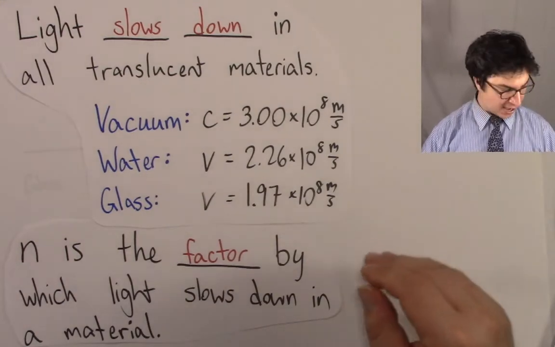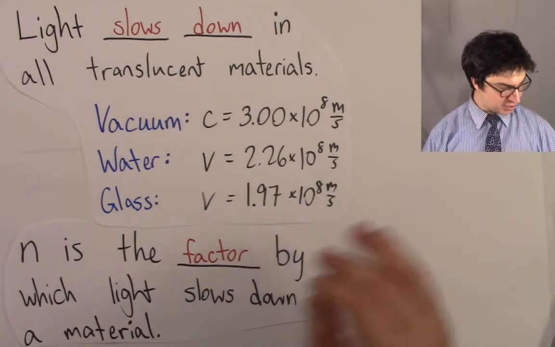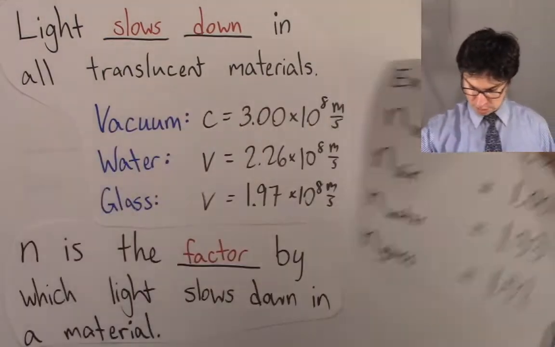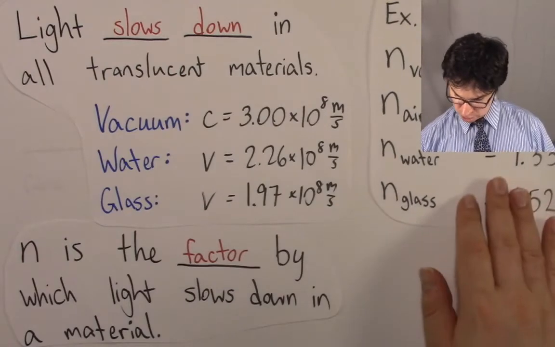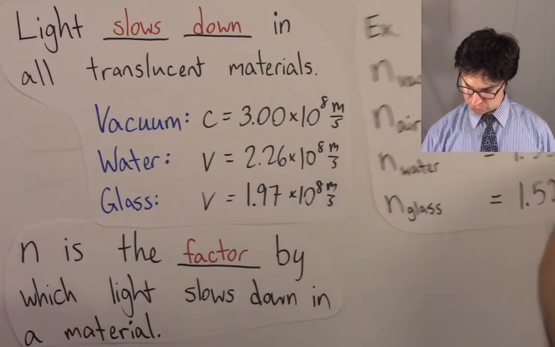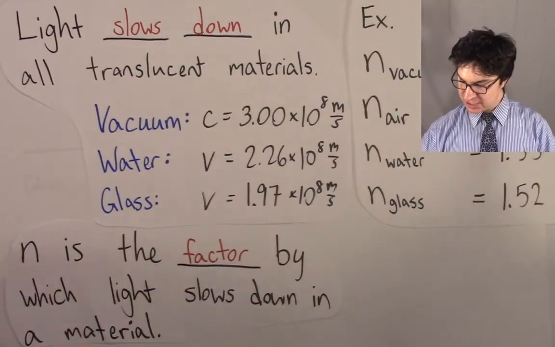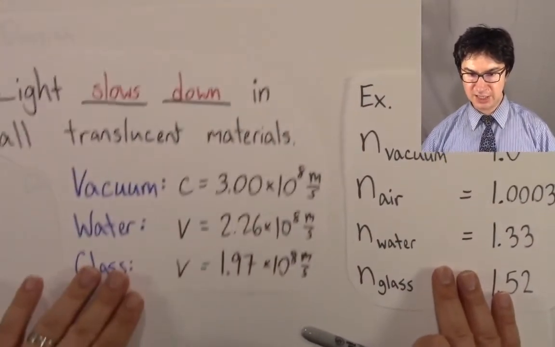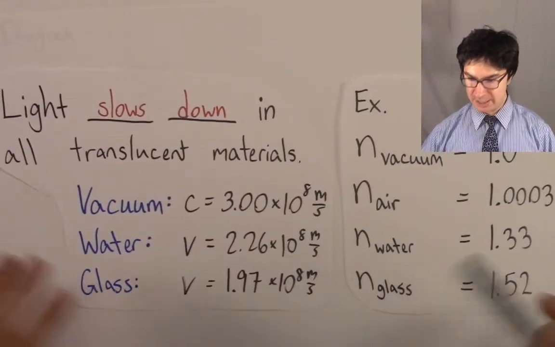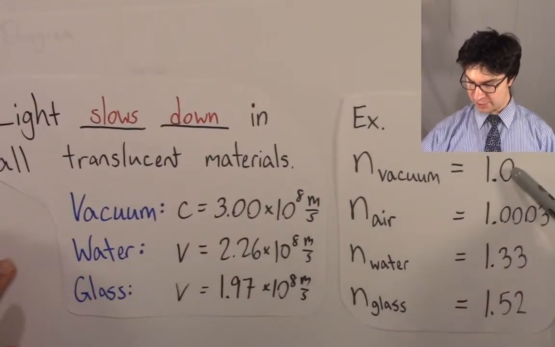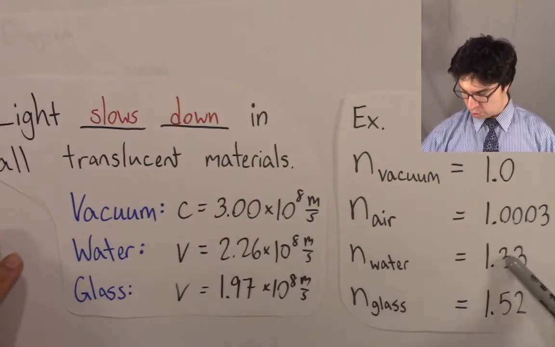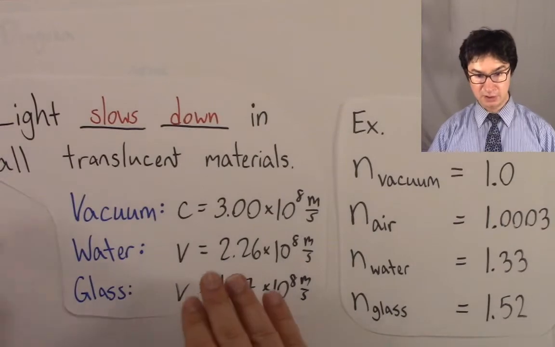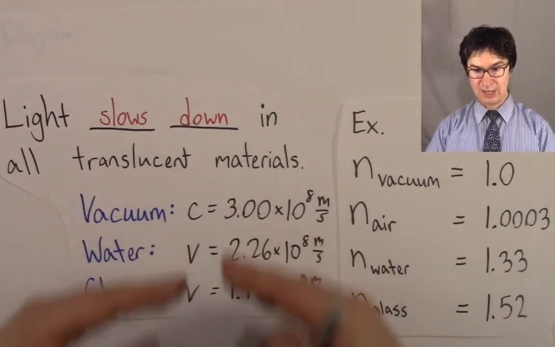So if I go back to these indices of refraction that I want to show you here, if you compare these indices of refraction, notice that as the index of refraction got bigger, going from a vacuum into air, into water, into glass, the speed of the light in that material got smaller.